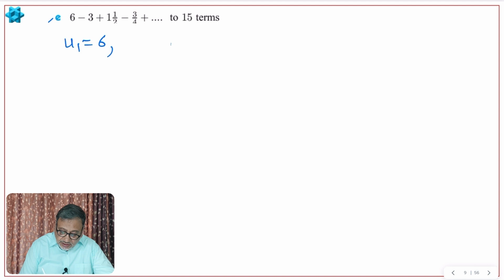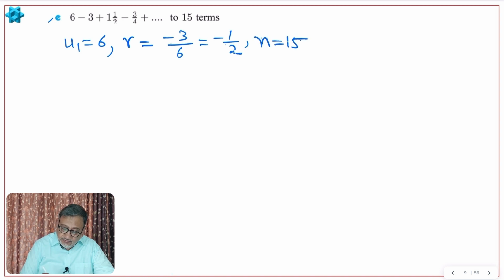R will be second term, which is minus 3, divided by first term 6. So minus 1 by 2 is R, and again N is 15, right? N is 15. Okay. So therefore Sn is U1 R raised to n minus 1 over R minus 1.